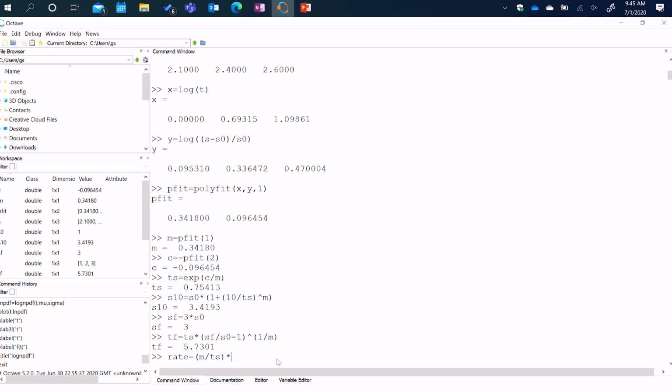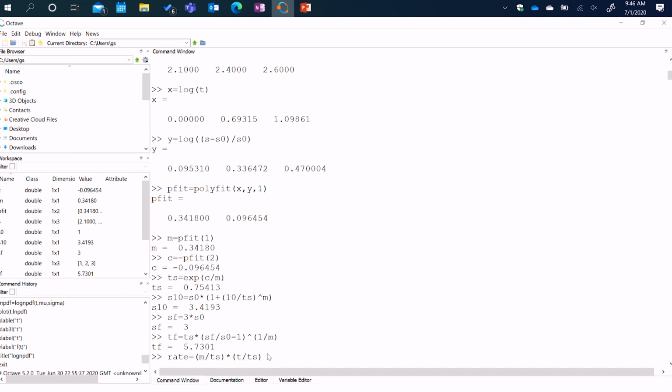times T over Ts. Now you have to remember that in Octave, as in MATLAB, all your parameters are matrices. Like for instance, this T is actually a row vector now. It has 3 values corresponding to 2.1, 2.4, and 2.6. However, an important, powerful feature of MATLAB and by extension Octave is that you can carry out this operation on a matrix of values.